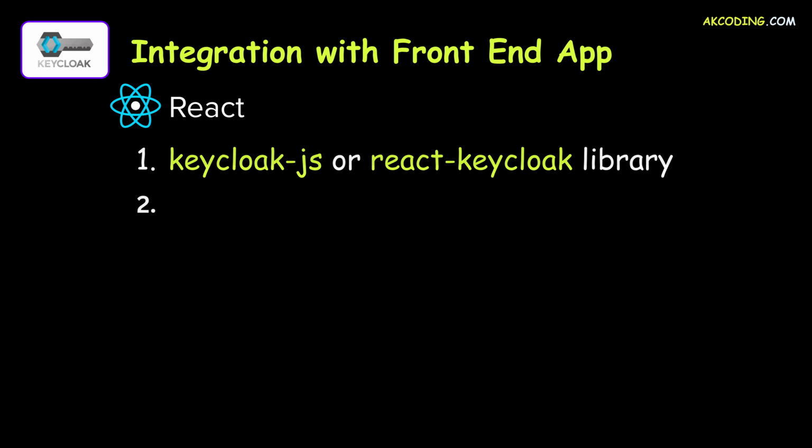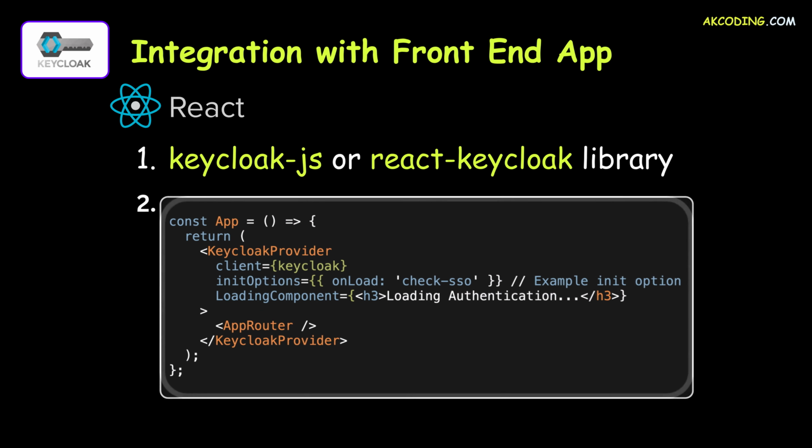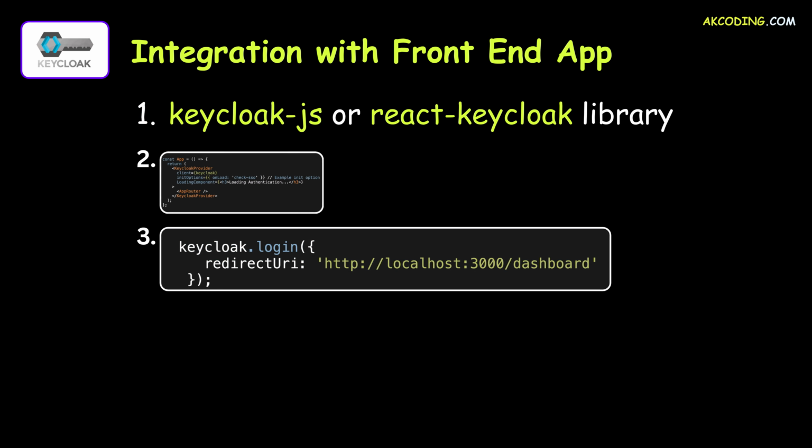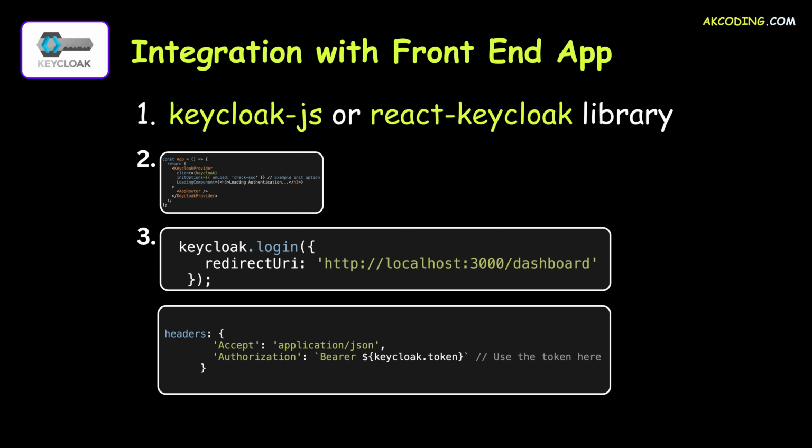Number 2, wrap your app in a Keycloak provider. Number 3, use keycloak.login or keycloak.token to protect your routes. With just a few lines of configuration, you can have enterprise grade security without writing login APIs by yourself.